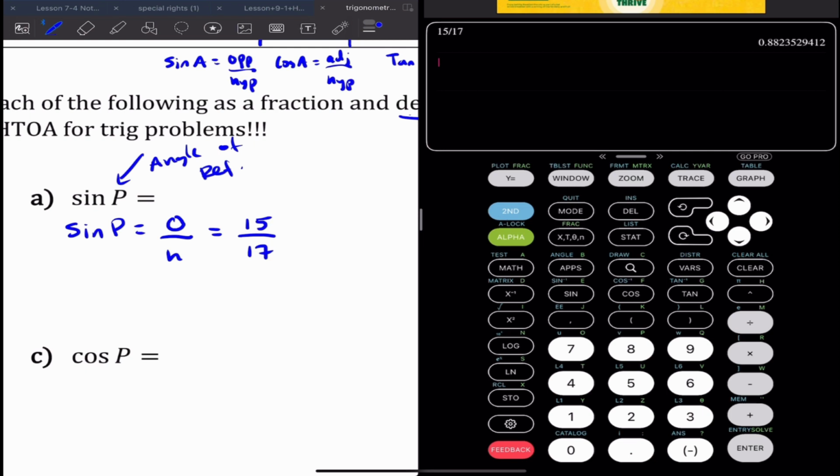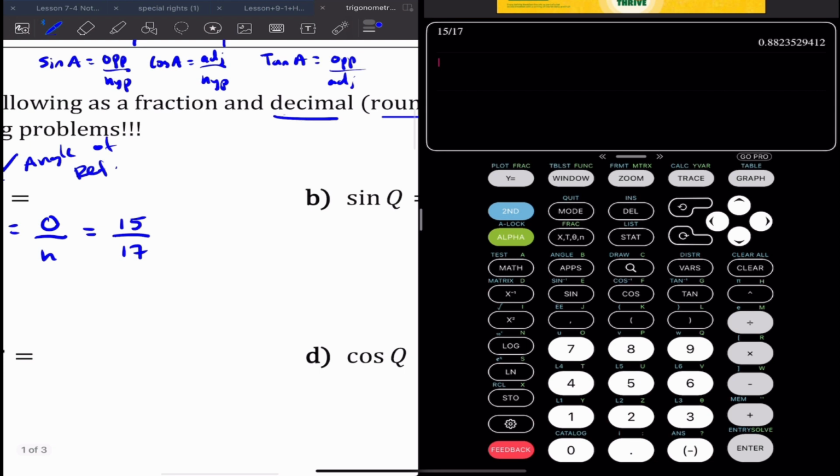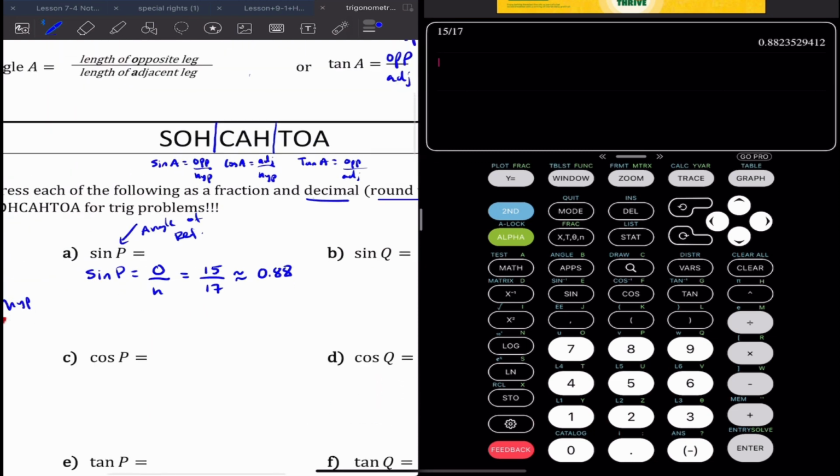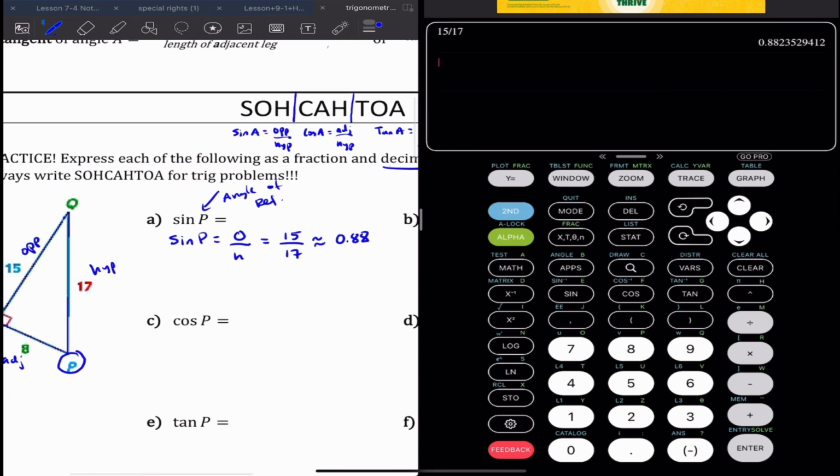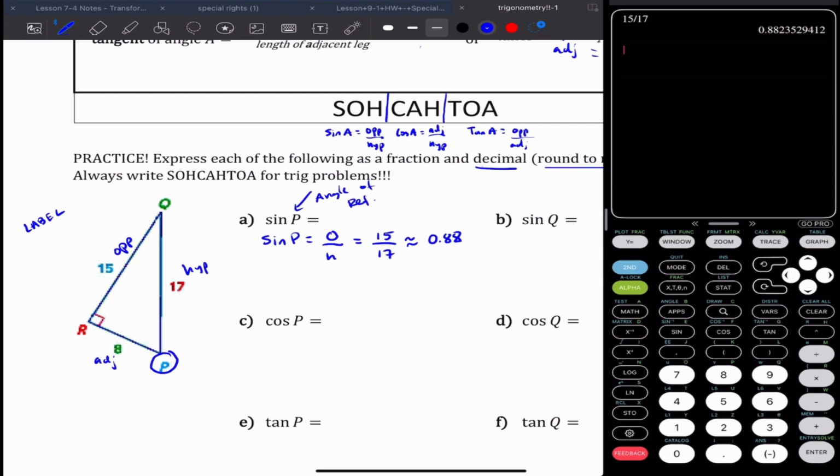I'm rounding to the nearest hundredths. Just looking at the second 8 after the decimal, the 2 dictates the 8, so my answer is approximately 0.88.